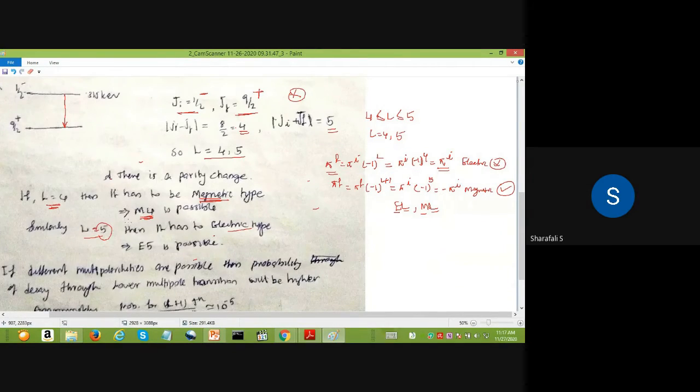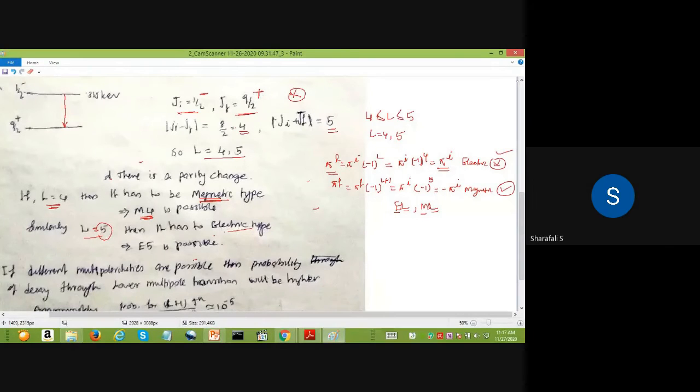If you need that parity change, it has to be an odd L value. If odd L value, then there will be parity change for the electric case. If it is even, then there will not be any parity change for the electric case.